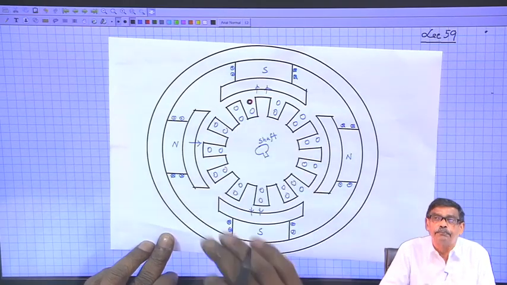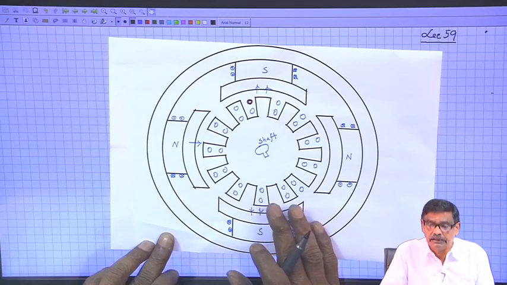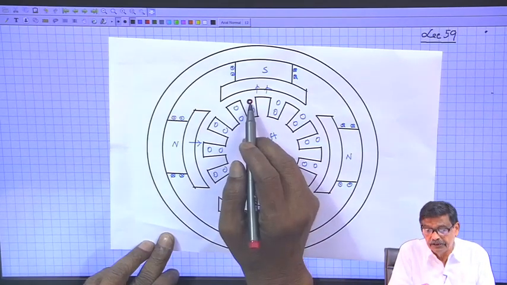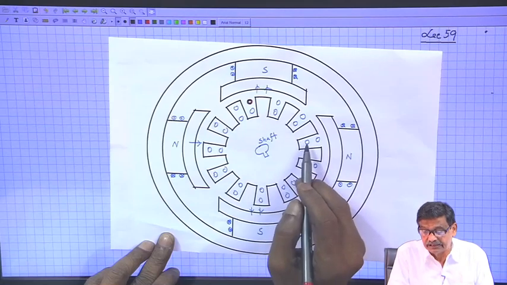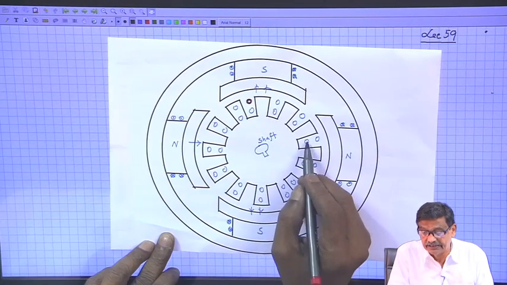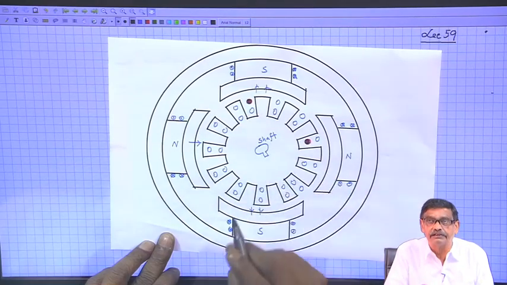Therefore, number of slots per pole will be 3. Therefore, its return should be 1, 2, 3. After that its return will be here.